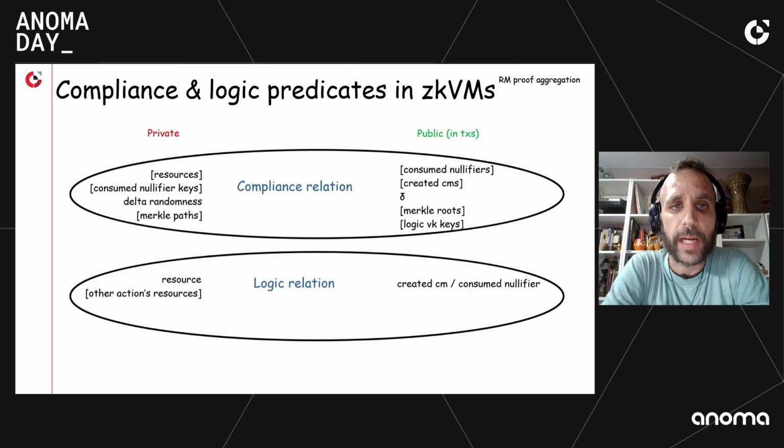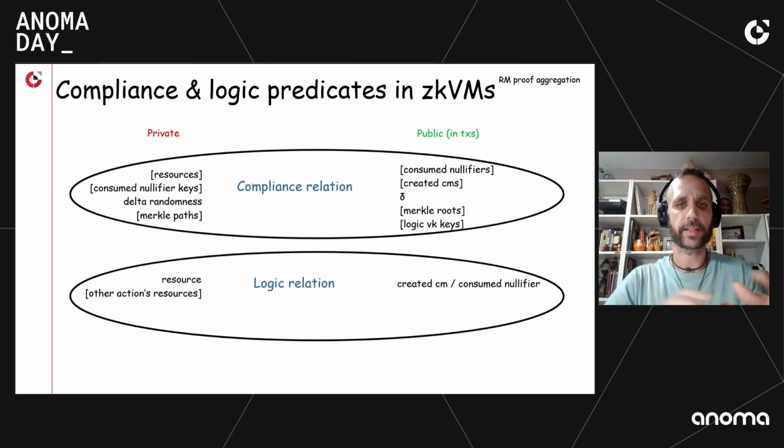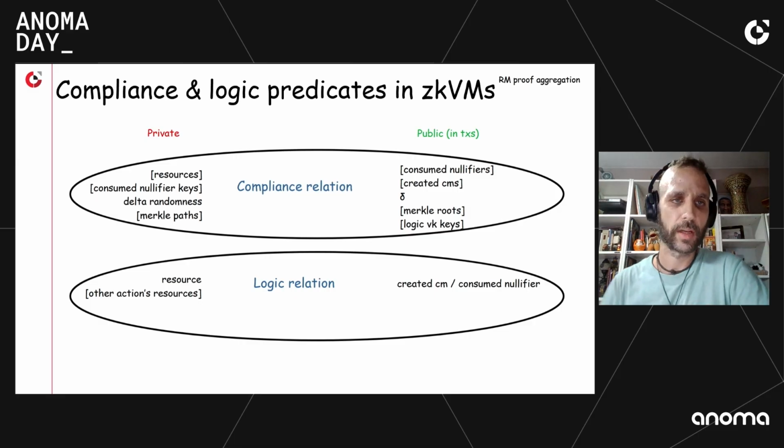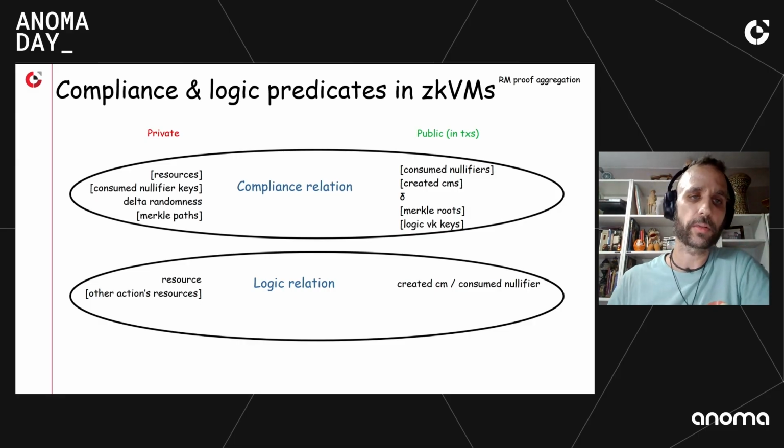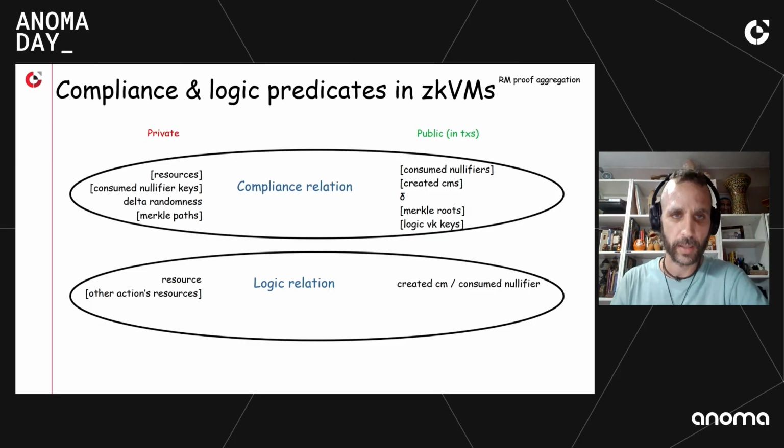Regarding compliance and logic predicates, since in the Anoma Resource Machine we are using zkVMs, I want to quickly explain how we see them in zkVMs. So basically, these are constraints between the public data that is in the transaction and private data that is either known by users or the prover.